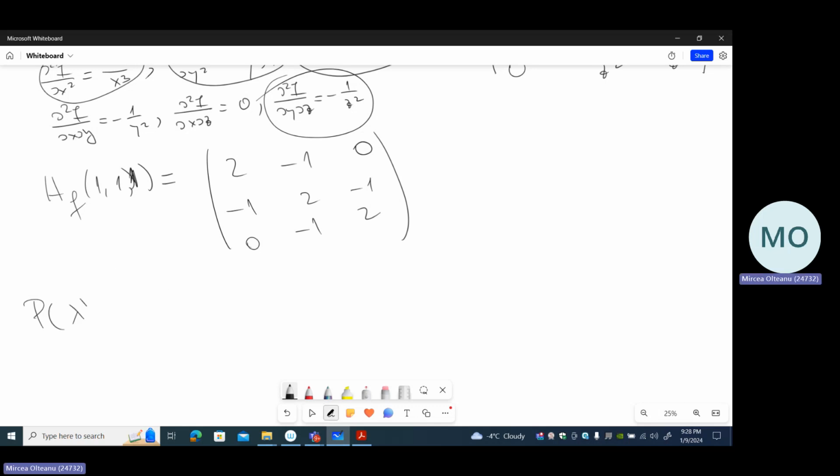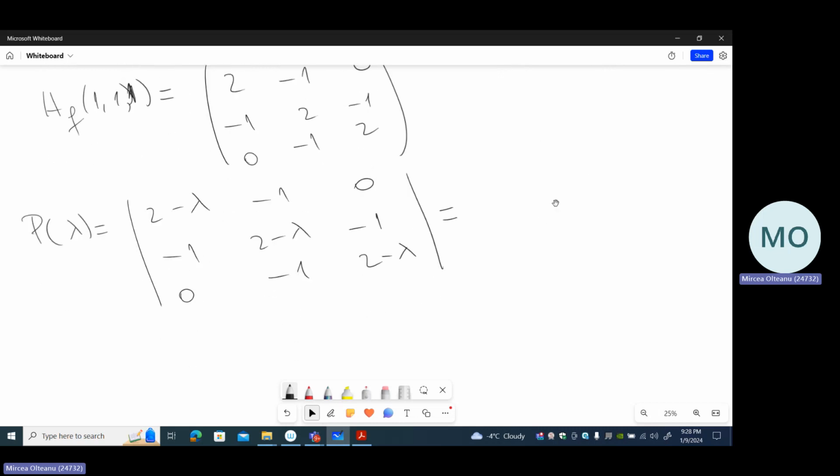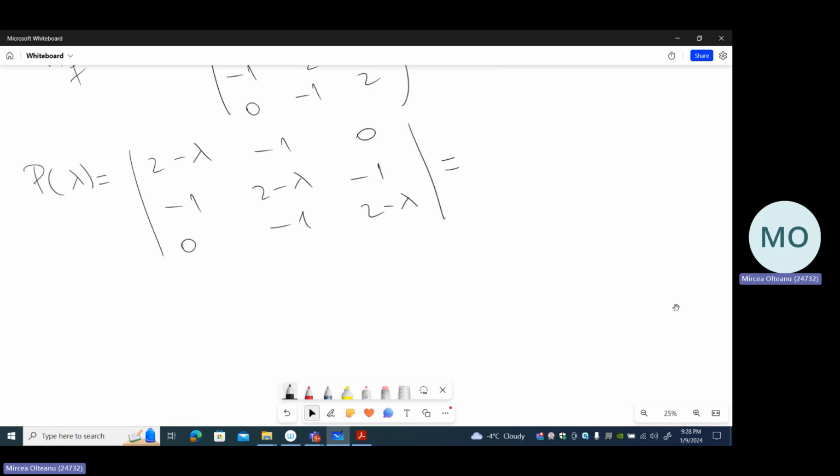The characteristic polynomial is this determinant. Actually, we don't need the exact values of the eigenvalues, but their sign. Well, in some particular cases, we can compute the eigenvalues. If not, their sign is enough.